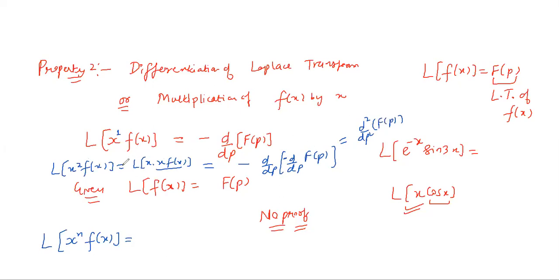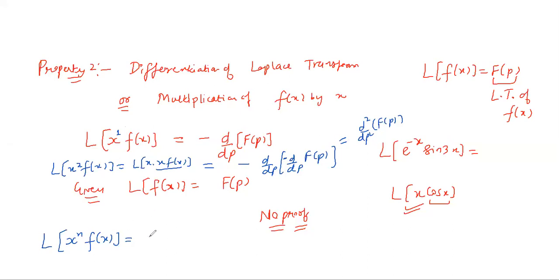Similarly, on multiplication with x cube, it will be the third order derivative, but again a negative sign will come. The negative sign will alternately come and go: for odd powers it will be there, and for even powers it will not be there.